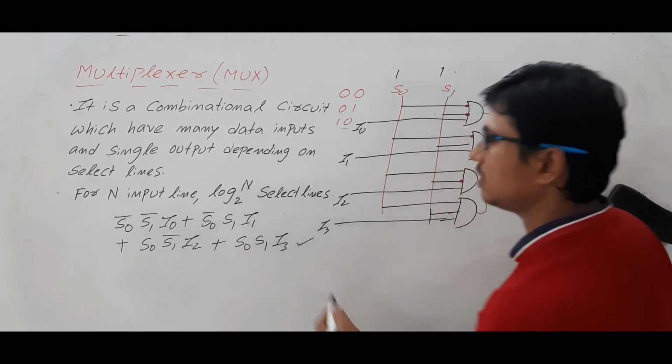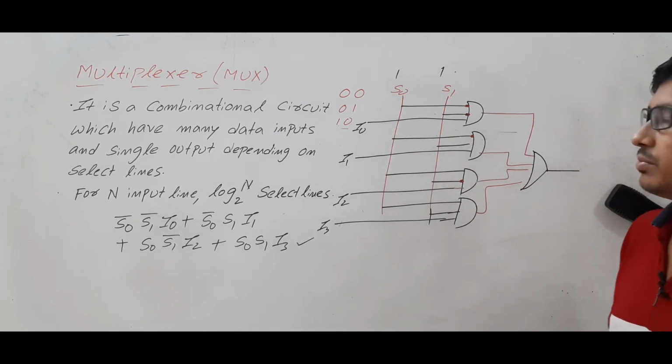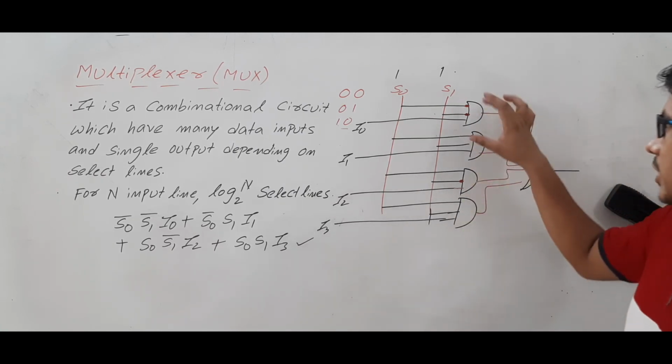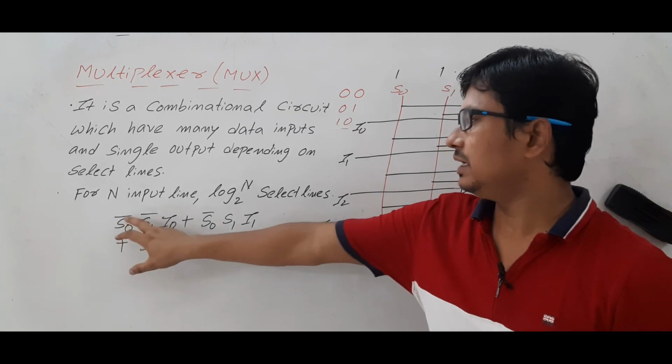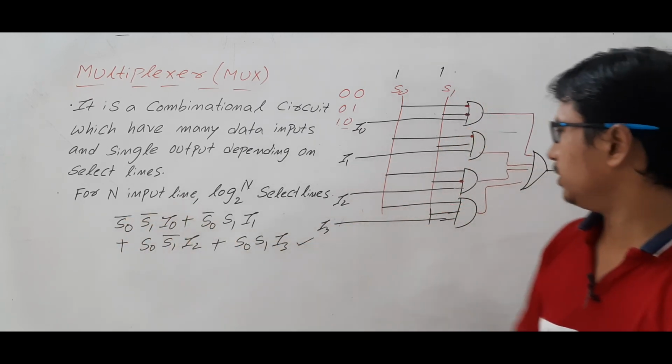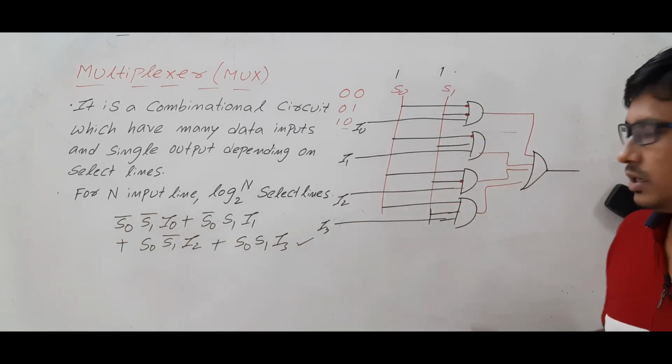So this is the equation we generated from this combinational circuit, because we have the AND. So I got S0 complement, S1 complement, and I0. All these things I am giving to the OR gate.